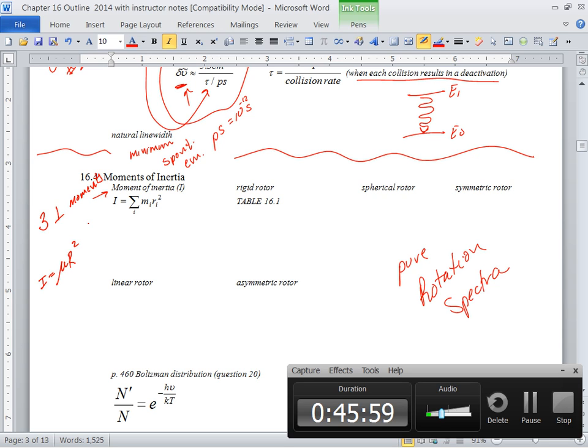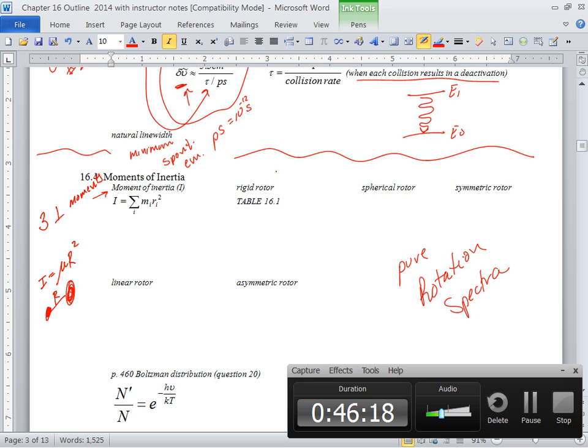The reduced mass, r was the bond length, right? And that was the moment of inertia. Mu is the reduced mass. Okay, but table 16.1's got a lot of these rigid rotors.